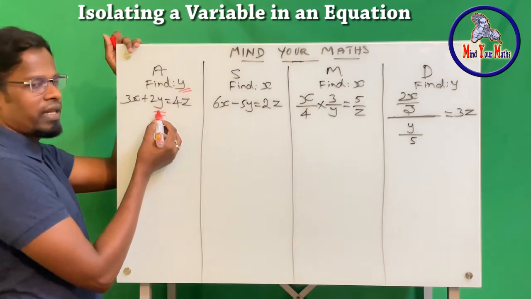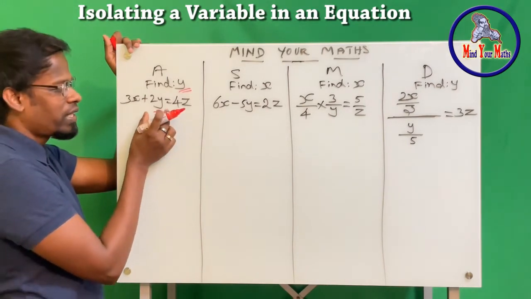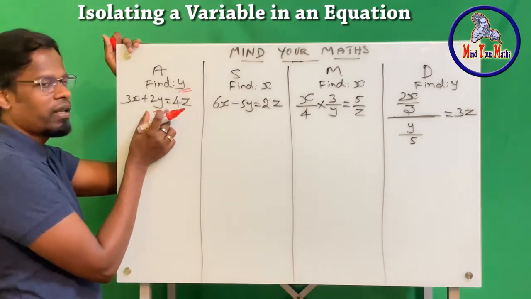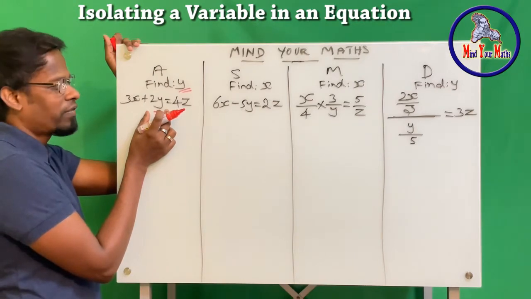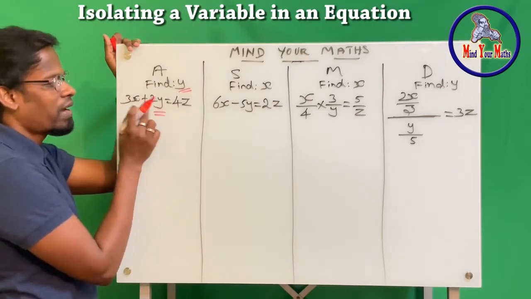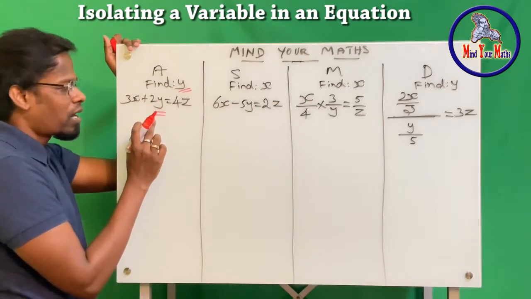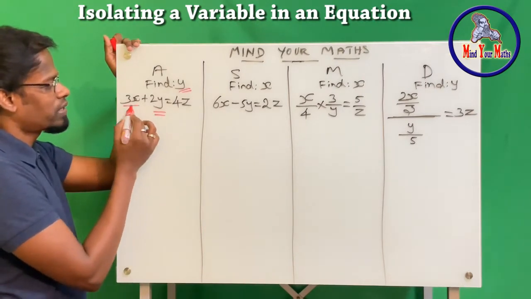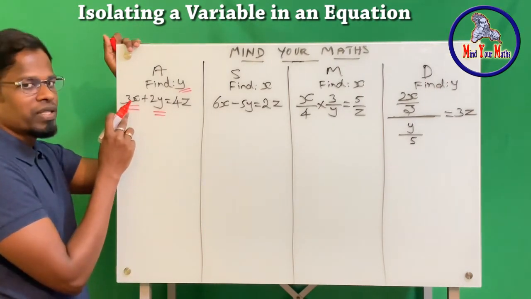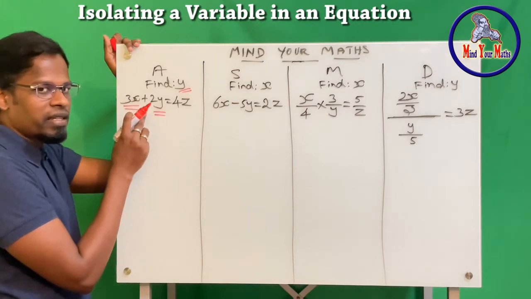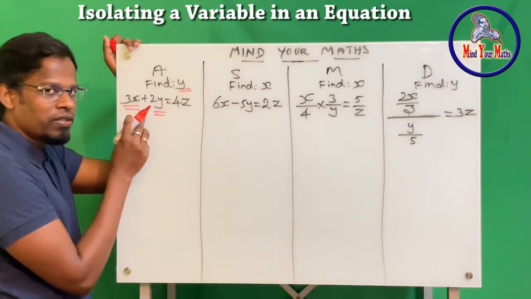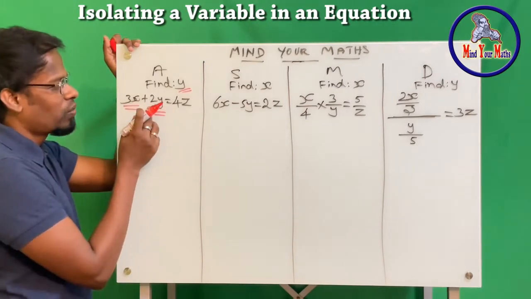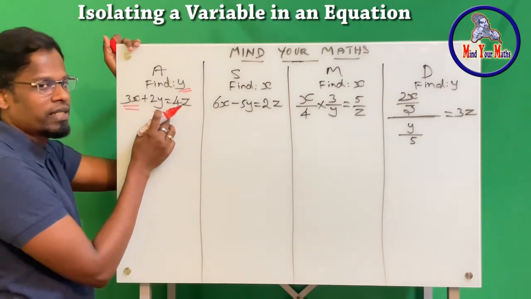Okay, so now let's see. We need to isolate the y. So first we need to leave only the 2y on the left side, and we should not have anything else, right? In order to do that, for this 3x, it is a positive 3x. 3x minus 3x is what? 0, right? Obviously then you will be left with 2y. So let's write it.